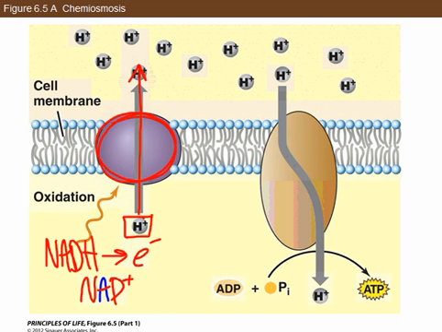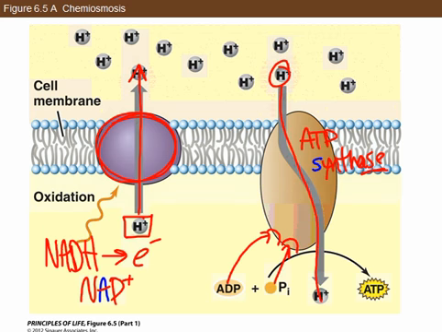So we have this enzyme right here called ATP synthase. It's an enzyme, okay? And it has a little spot right here for ADP and the inorganic phosphate. As the protons are passing down through, it's going to convert some of that kinetic energy, because these protons are going to cause a spinning, so to speak, of this enzyme.